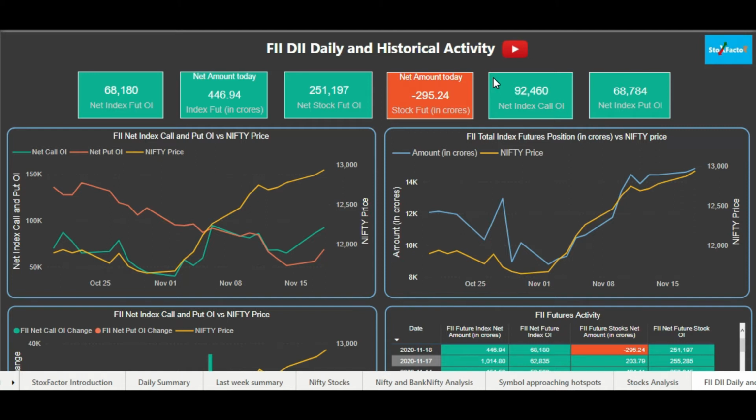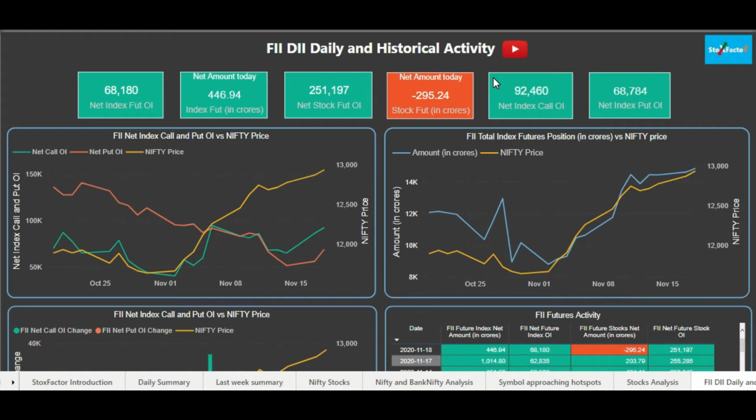Now coming to the third card, which tells you the net stock future OI. This is slightly different from the net index future OI, because this number tells you the stock future OI positions in totality, not only today's position but the total positions as of today which they are holding. Then comes the net amount of the stock futures.